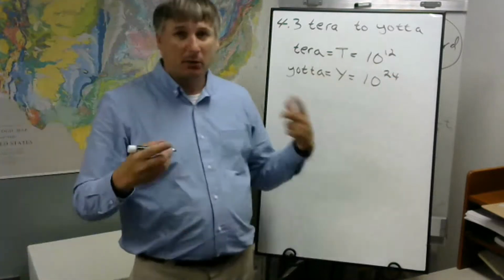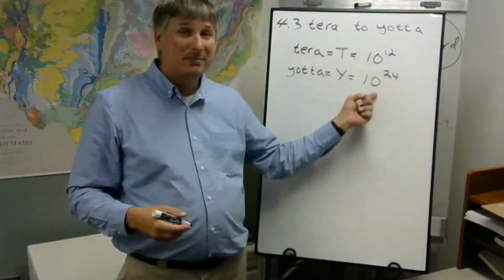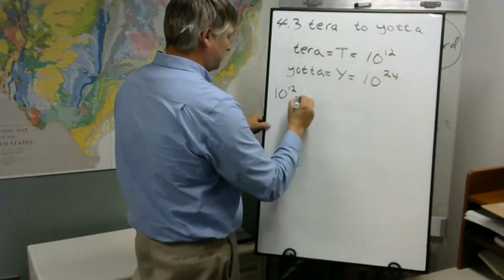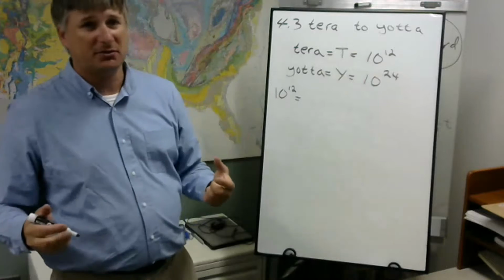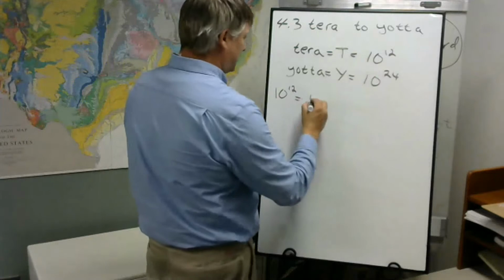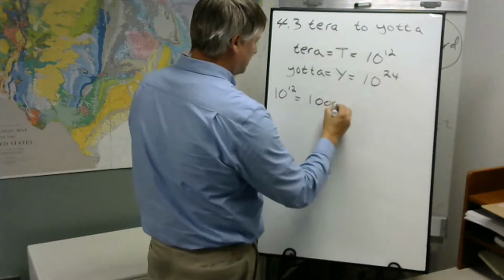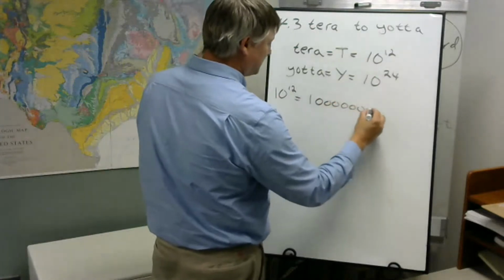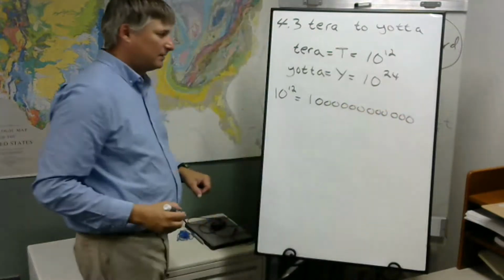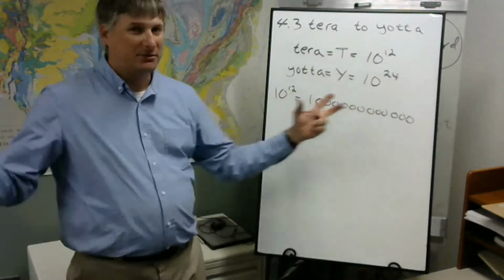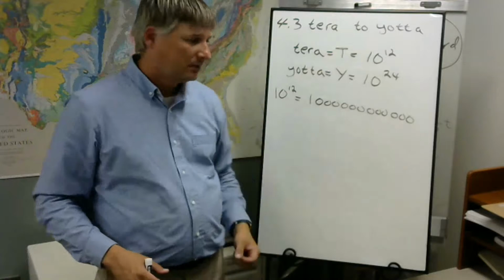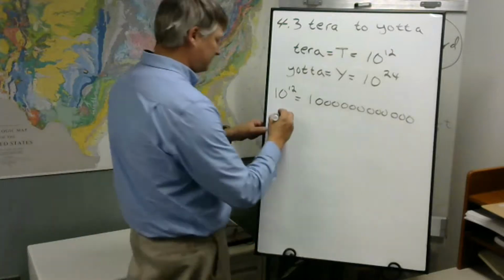Now, if you're wondering, it's been a while, what do these actually mean? Well, 10 to the 12 means you have 12 tens multiplied together. And when you do that, that gives you a 1 with 12 zeros. So if you take 12 tens and multiply them together, you're going to get a number like this. It's kind of like with 3 squared.